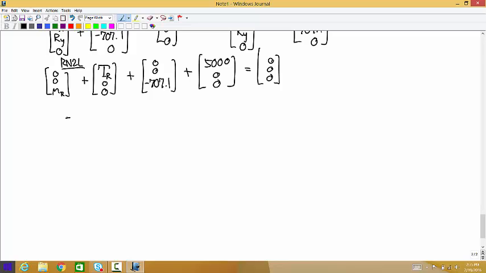And so you get that TR is equal to negative 5,000, bless you, and MR is equal to positive 707.1.